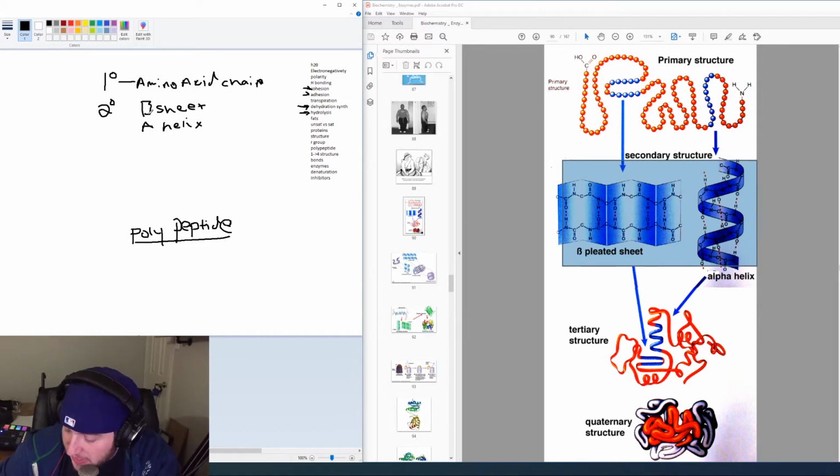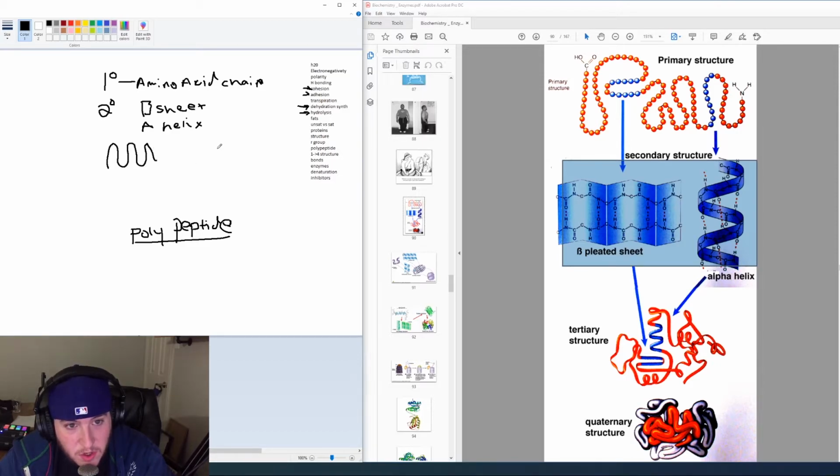Now, where bonding comes back into play is that as I start to wrap it in the form of a beta sheet or an alpha helix, I start to use hydrogen bonds again. Based on my R groups, I'm going to get hydrogen bonds between the coils of our alpha helix or between the folds of our beta sheet.